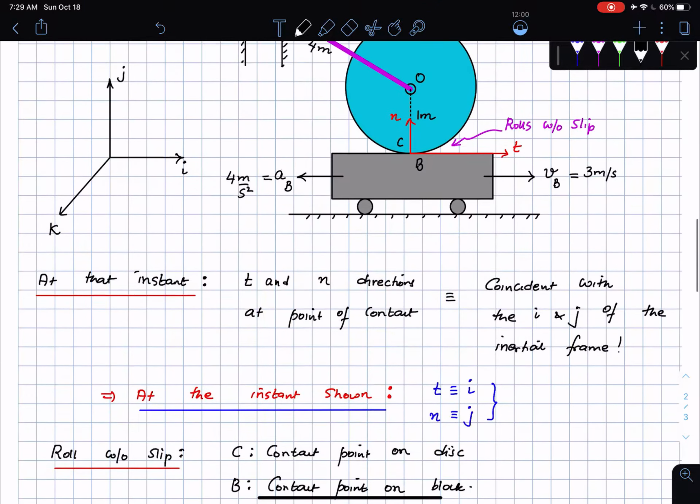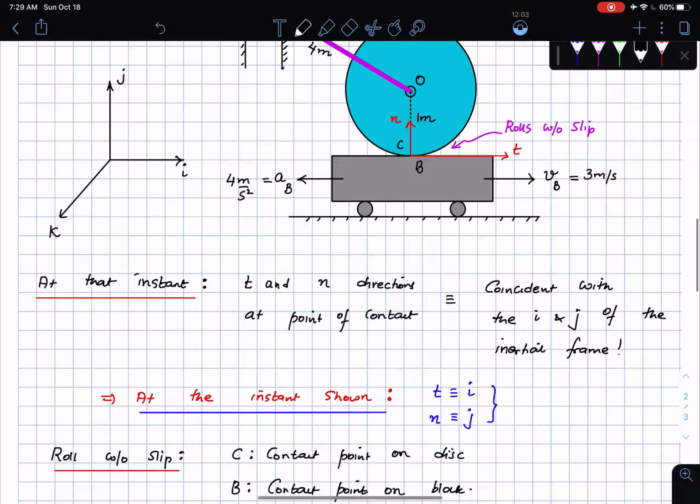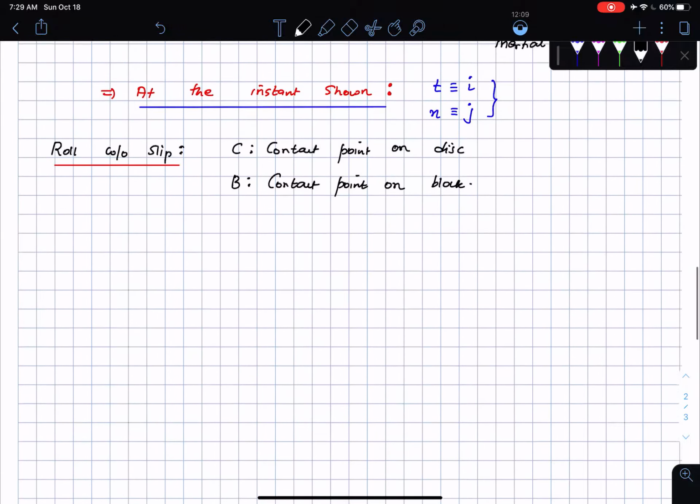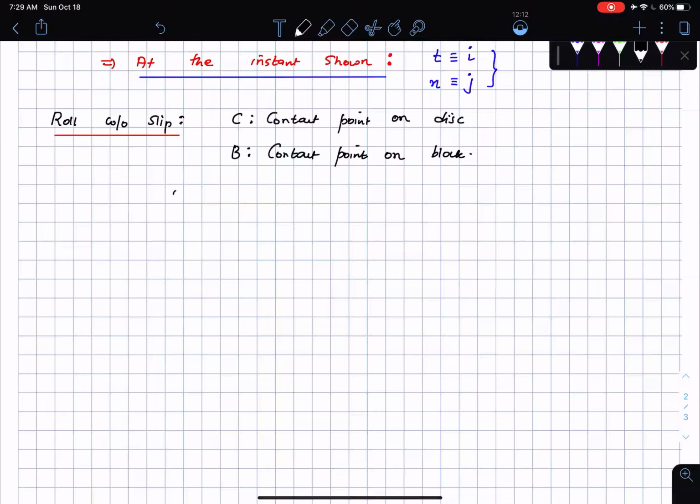As you can see here, point C and point B, right? This is the point that I'm talking about. Okay, this is the contact point there. And if I have the idea of rolling without slip, then the criteria to be satisfied is this: velocity of C/B has to be 0. Okay, this is the fundamental criterion for rolling without slip. And velocity of C/B is equal to 0, which tells me that velocity of C should be equal to velocity of B. Okay, that's the first thing.